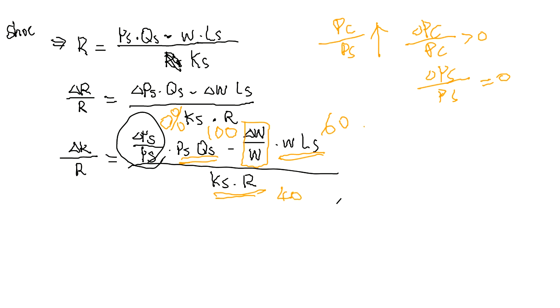Right? So now in shoes, the percentage change of the rental on capital in the shoe industry is equal to negative the change in wage percentage times 60 divided by 40.